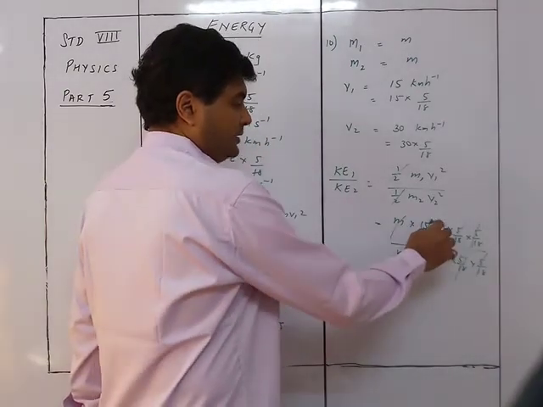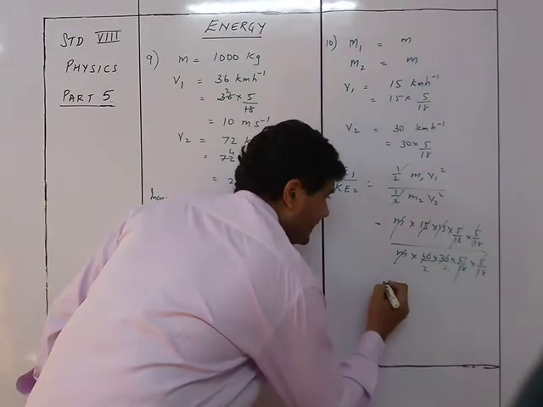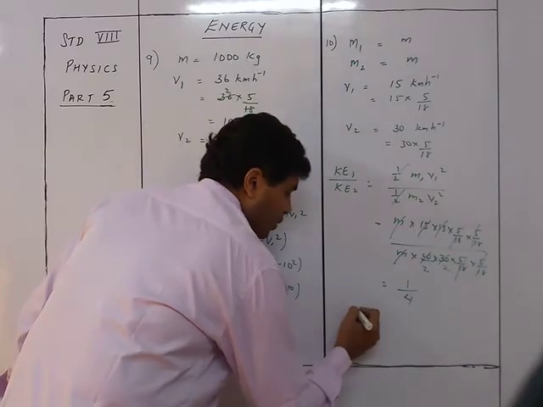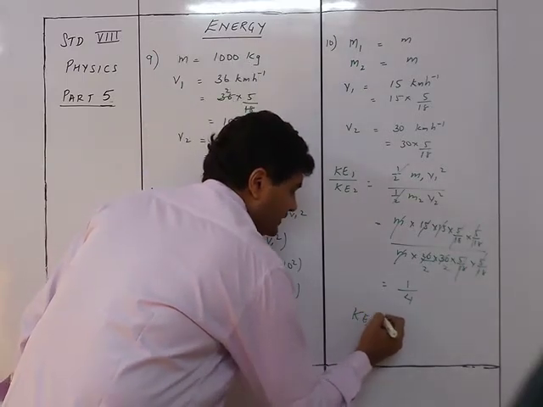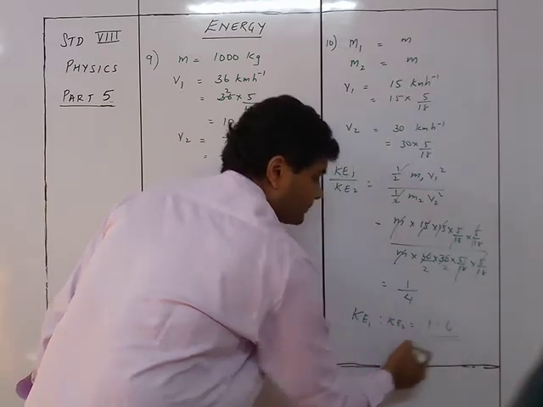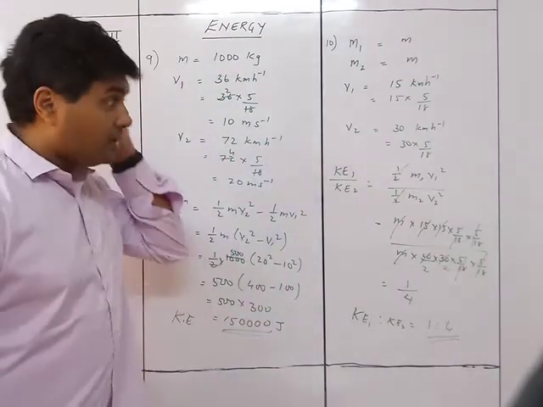M gets cancelled, this cancels to 2, this cancels to 2. Accordingly, it is 1 upon 4. So, therefore, the ratio KE1 is to KE2 is equal to 1 is to 4. Clear? This was sum number 10.